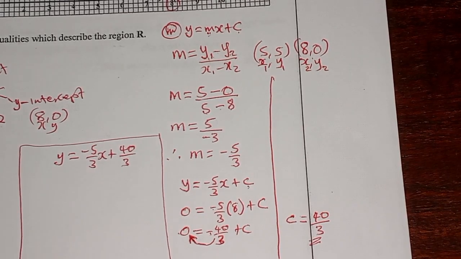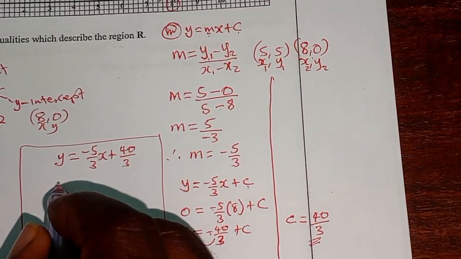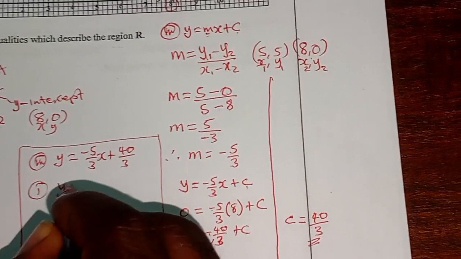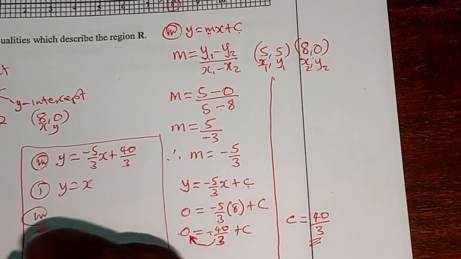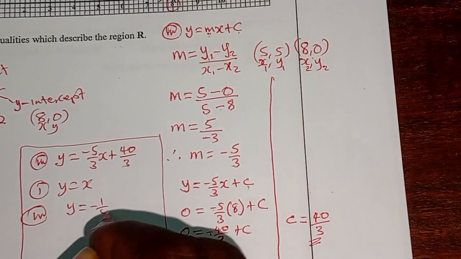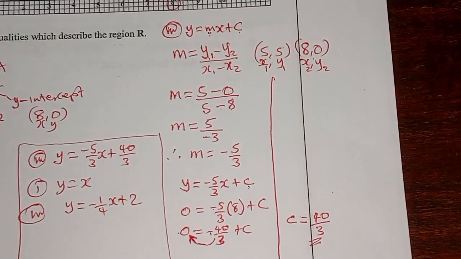Then we have equation 1, which is y equals x, and equation 2, which is y equals negative 1 over 4x plus 2. So I have the 3 equations.